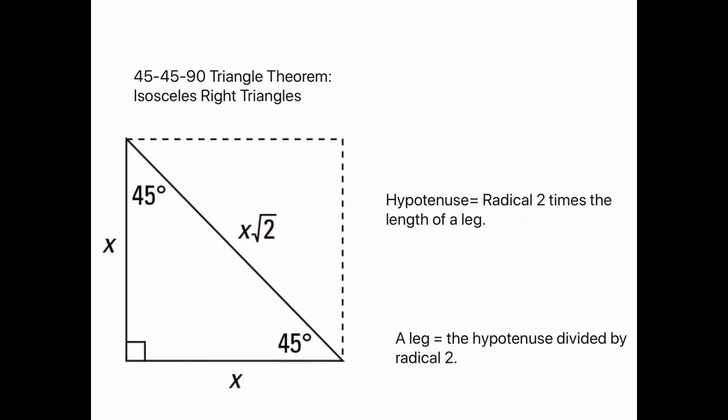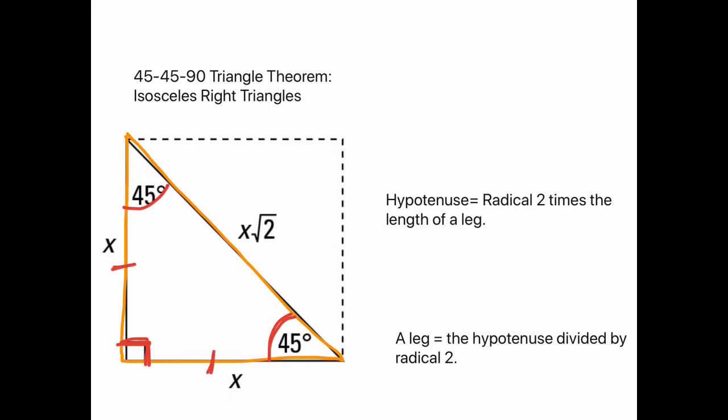The first is called a 45-45-90 triangle. And so we have, once again, our right triangle here in yellow. In a 45-45-90 triangle, we have our right angle, and then the other two angles of the triangle are congruent. They're both 45 degrees, which makes this an isosceles triangle.